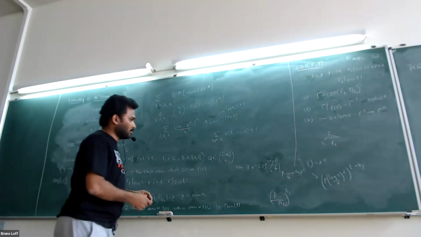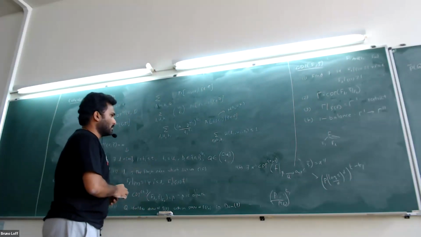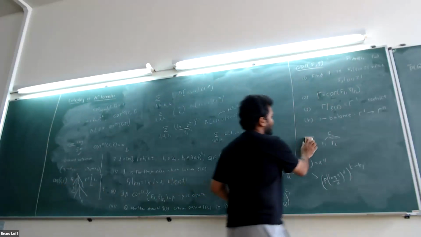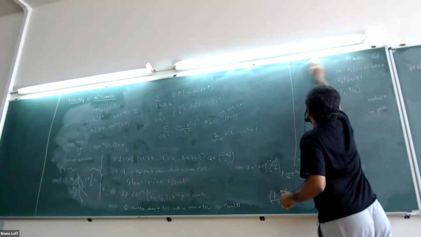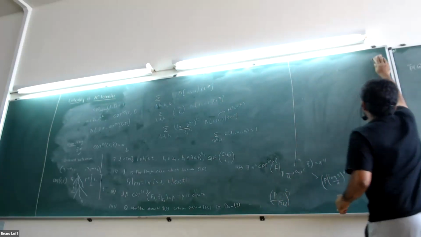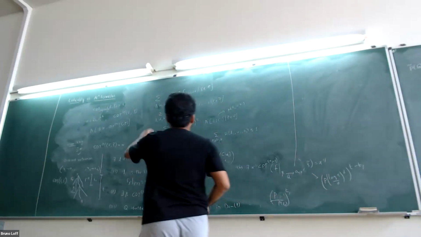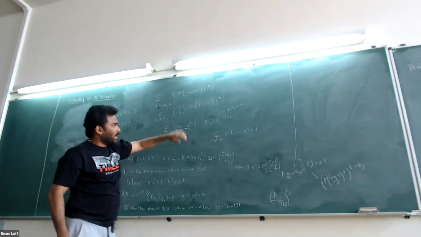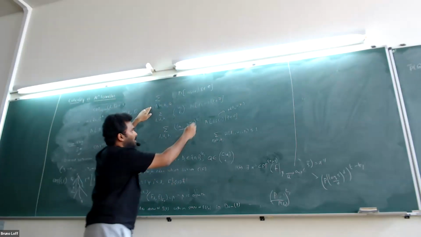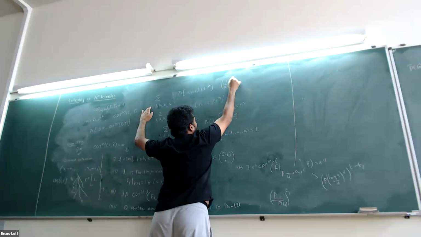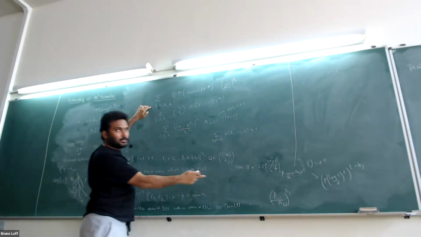Yeah, so what we actually have is not this, but this times 1 over TFL over 3. Yes. Right?